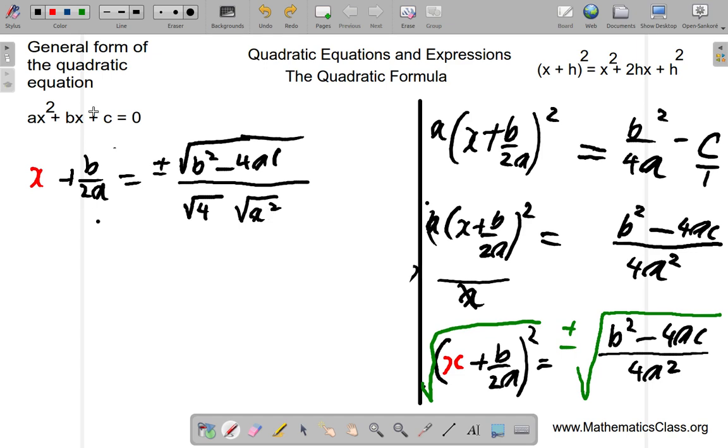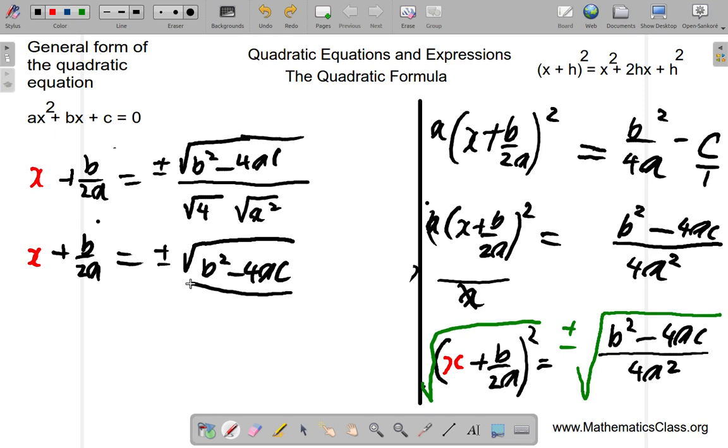Alright. So what you have is x plus b over 2a equals plus and minus the square root of b squared minus 4ac over the square root of 4 is 2 and the square root of a squared is a.